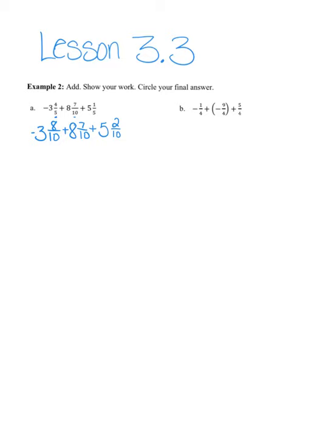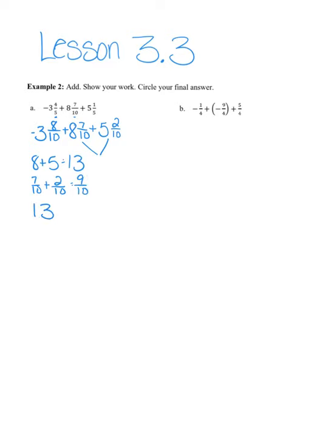So I've got one mixed number that is a negative while the other two are positives. So I can add my positives together first. So I'm going to add my whole numbers first. 8 plus 5 is 13, and then I'm going to add my fractions. 7/10 plus 2/10, which is 9/10.